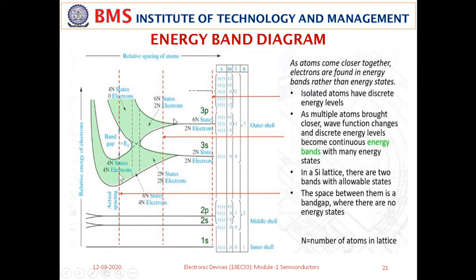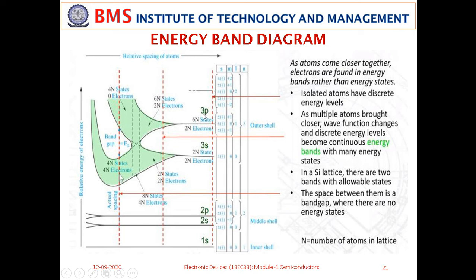And look at the next shell, the 3p shell. The 3p shell has got 6N states. That means it has enough states here, and look at the number of electrons. In the outermost shell, for all semiconductors, only 4 electrons are present, since semiconductors are tetravalent. So 2N electrons you find in the 3s shell, and another 2N electrons in the 3p shell.